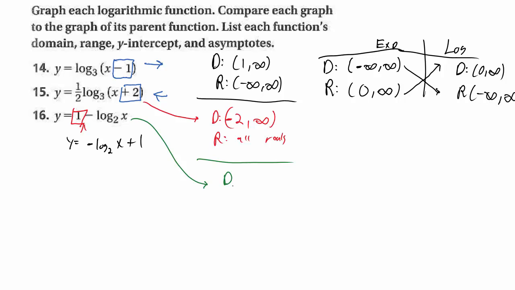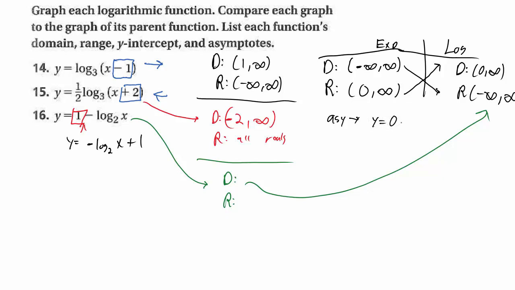So your domain and your range for this one is going to be the same as whatever the standard logarithmic function is. The asymptotes, just like for an exponential function, are typically at y equals 0, but if you shift them up or down, that's going to change.